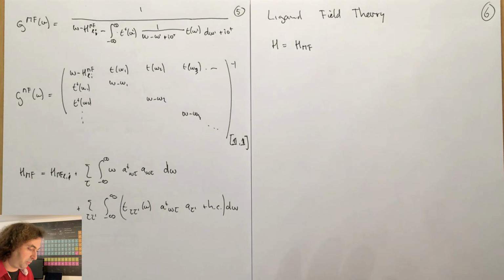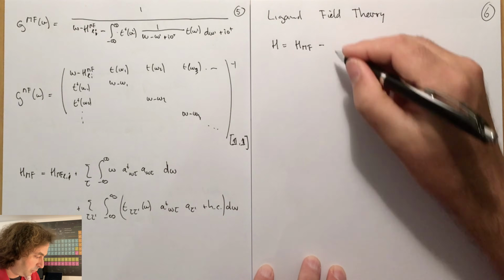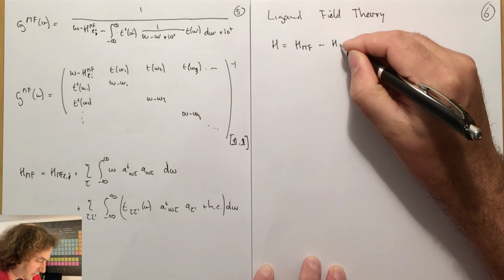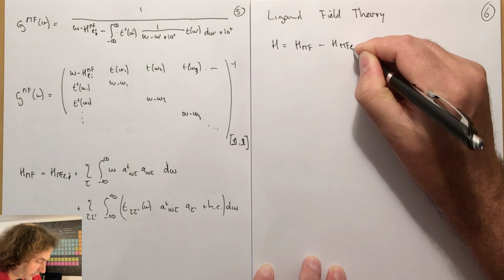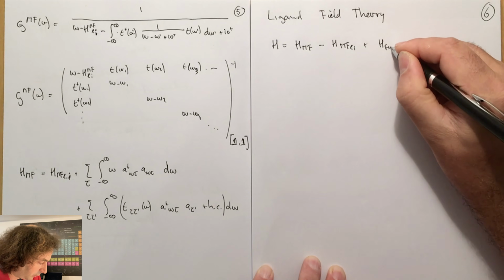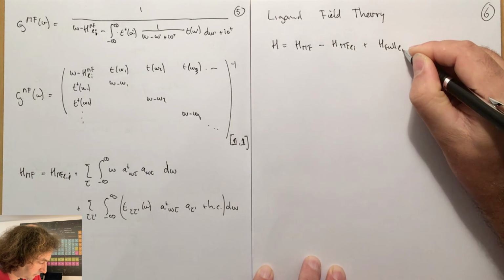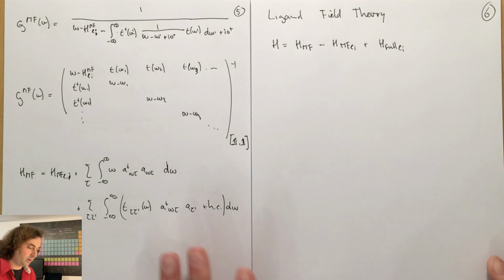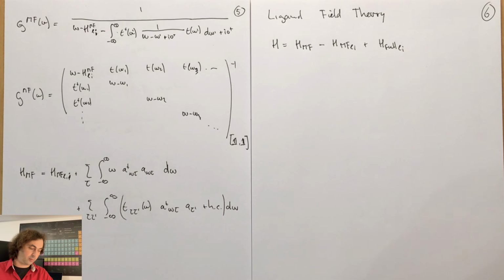So we do make a mean field approximation, but then we subtract the local mean field Hamiltonian and we add the full local Hamiltonian. So we treat all sites on mean field except for the local site, where we include all interactions.